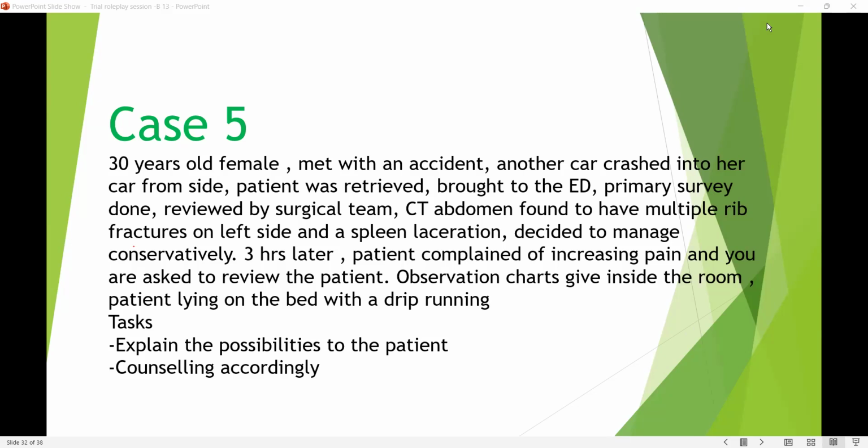This is a case of splenectomy you need to talk about, because the patient's spleen is already lacerated and now her condition is deteriorating, so you have to call the surgical team again. They need to come and take the patient to the theater for possible splenectomy, and counseling means you need to talk about all the splenectomy things.